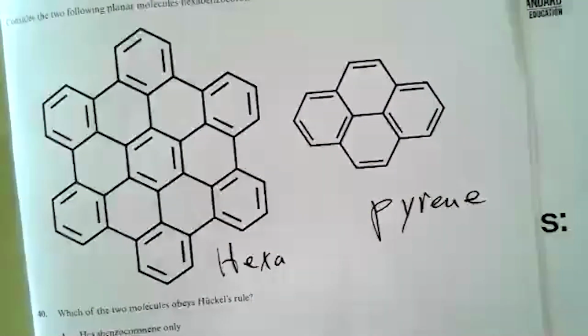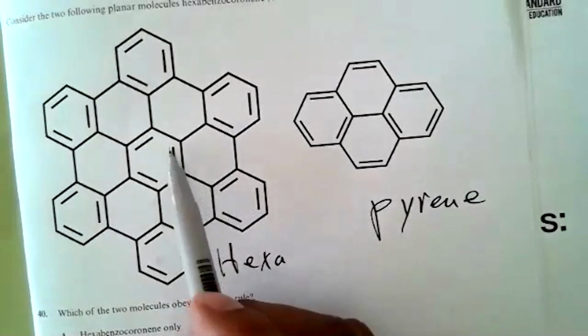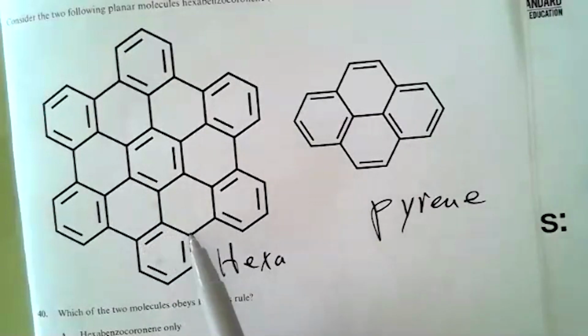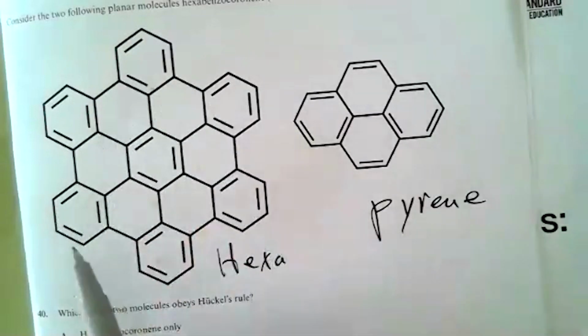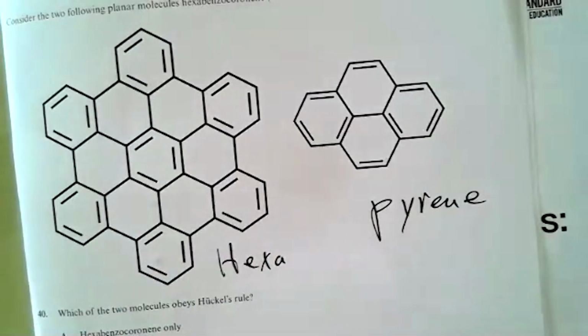If you look carefully, every single one of these carbons has a double bond attached. Look at this carbon, there's the double bond. This carbon, double bond. This carbon, double bond. Every carbon has a double bond attached. These two molecules are fully conjugated.